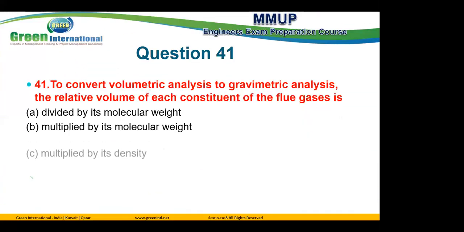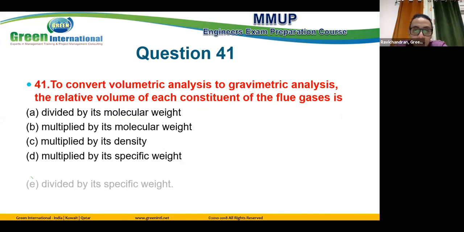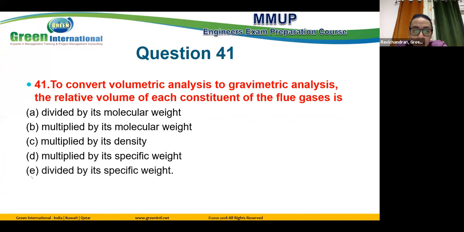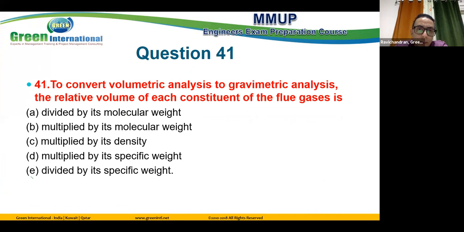To convert volumetric analysis to gravimetric analysis, the relative volume of each constituent of the flue gases is volumetric analysis. It gives the analysis of the gas by volume, where we consider the total as 100% volume and define the concentration of each one as a percentage of volume. But gravimetric analysis is defined by mass. So what is the relation between these two?